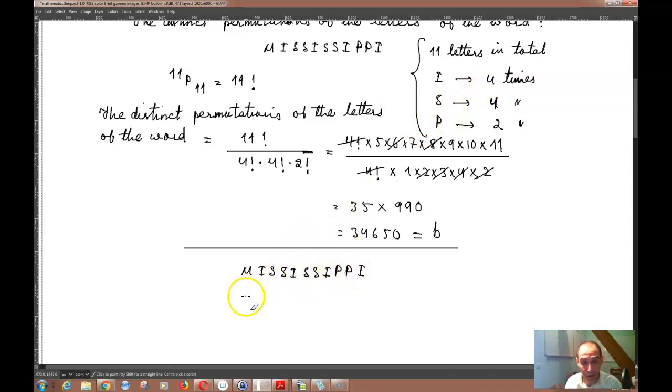So when the I's come together, you have one I over here, another I, another I, and another I. These we will treat as a group, as just one single object for the time being. And then apart from that, I have all of these other 7 letters. So 7 plus 4 is equal to 11, right?